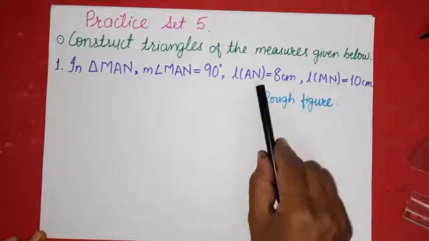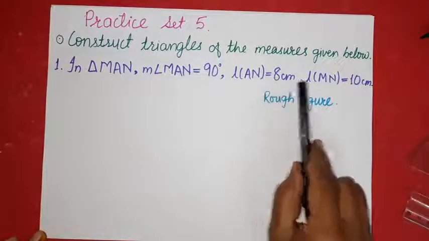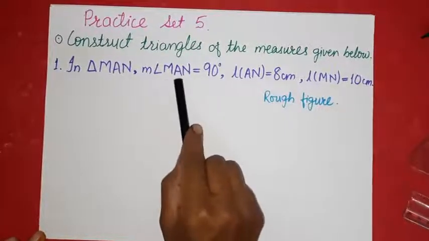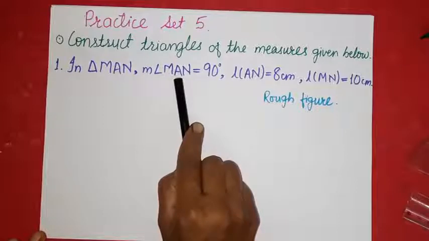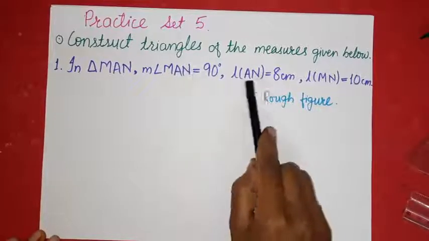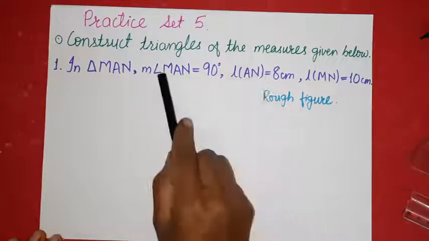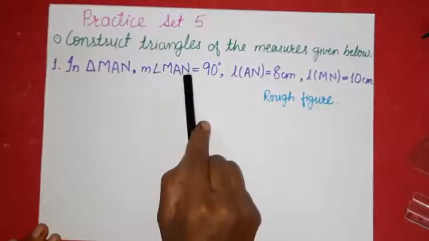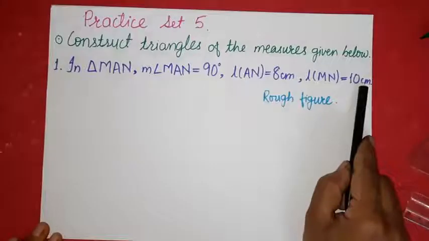So first we have to decide which is the hypotenuse and which is the side forming the right angle. Now in this name you will see the right angle is formed at the vertex A. Therefore AN will be the side forming the right angle and the remaining two vertices will form the hypotenuse, that is segment MN. So length MN is the hypotenuse.